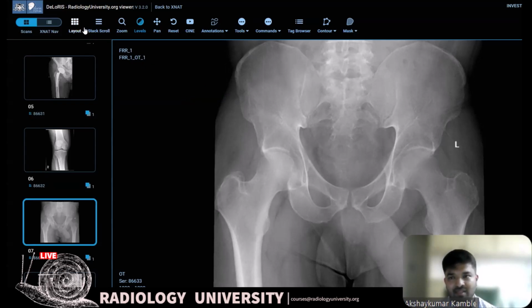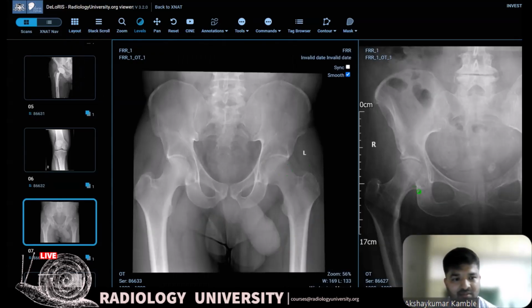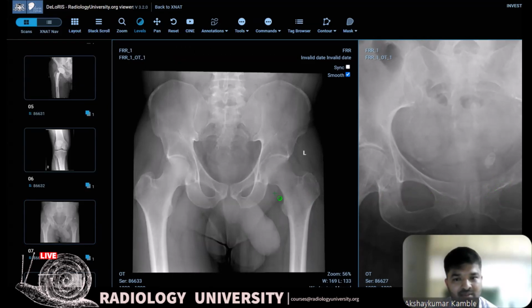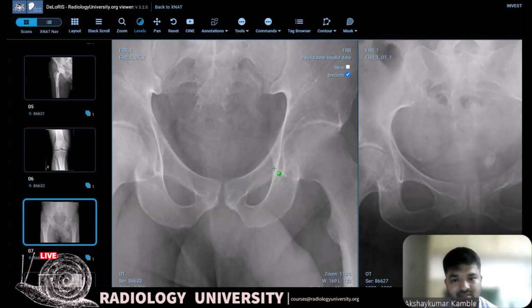Looks normal. Yeah, good. You can contrast this one with the first one which we saw. There is a symmetry between the two sides on the normal one, and on the first one you had the lytic lesion there.